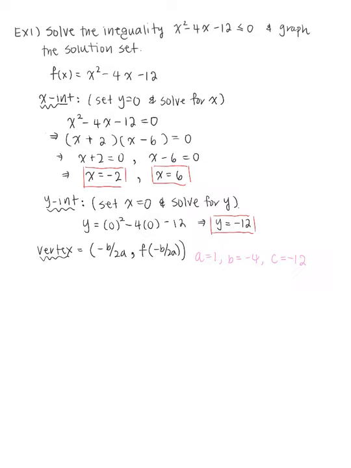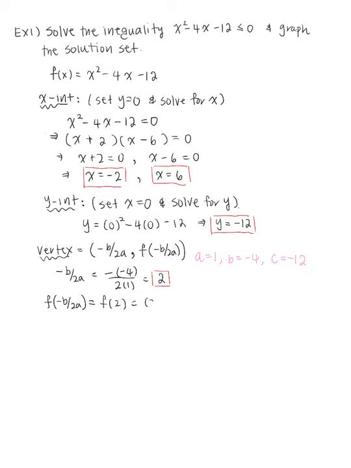Okay, so let's first go with the x-coordinate of our vertex, which is going to be negative b over 2a. So that's the same thing as negative b, which is negative 4 over 2 times a, where a is 1. So you're going to have 4 over 2, which is just going to be 2. So that's going to be the x-coordinate of the vertex. And then f of negative b over 2a, that's going to be the y-coordinate of our vertex. So this is going to be f of 2.